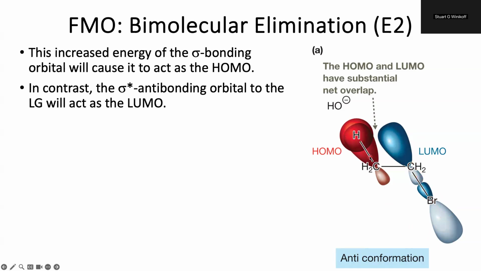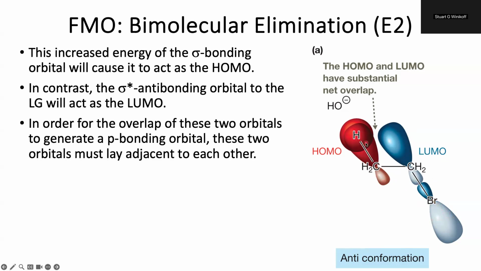As the electrons move from the HOMO into the LUMO, you may notice that if these two orbitals are set up in parallel, there is a huge overlap here, and it already looks like a pi bond. So as I break bonds to that hydrogen atom and that leaving group, I'm going to form a beautiful pi bond.